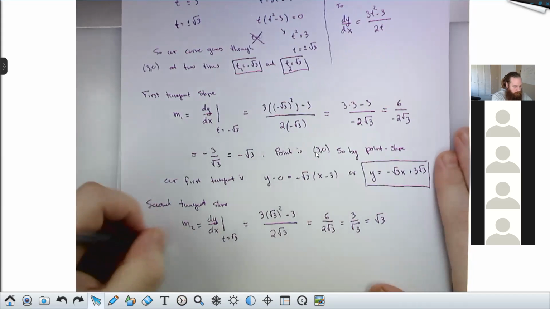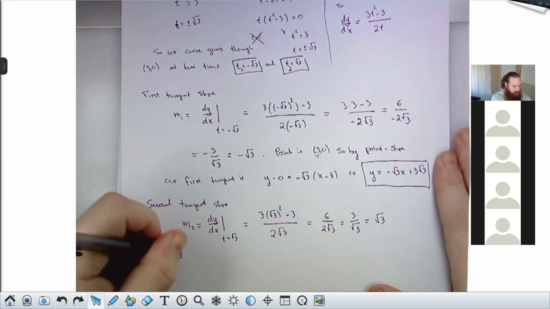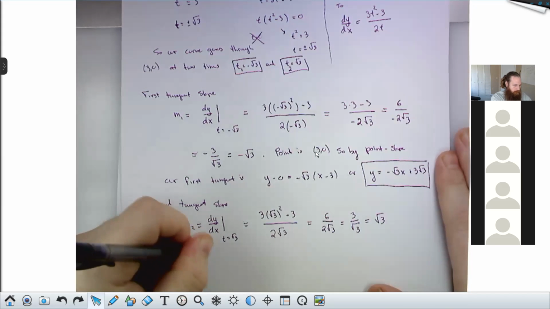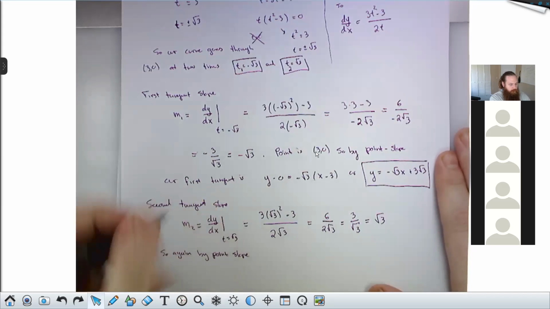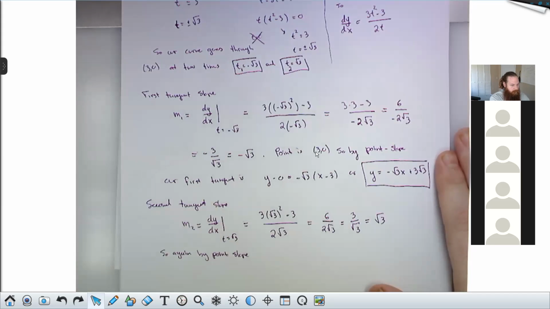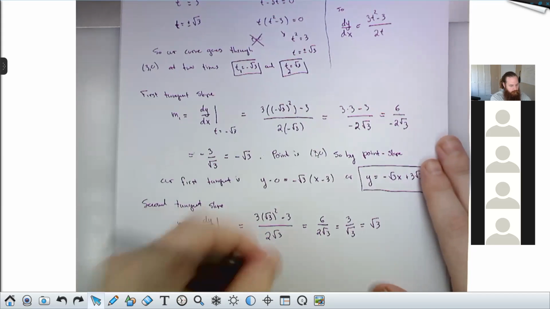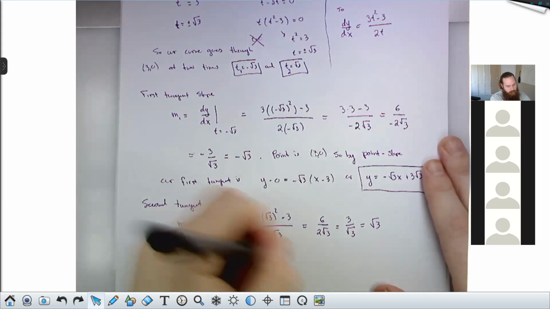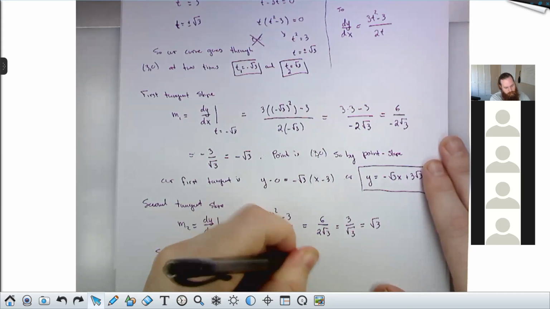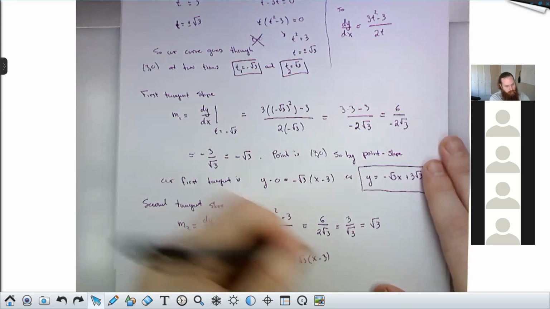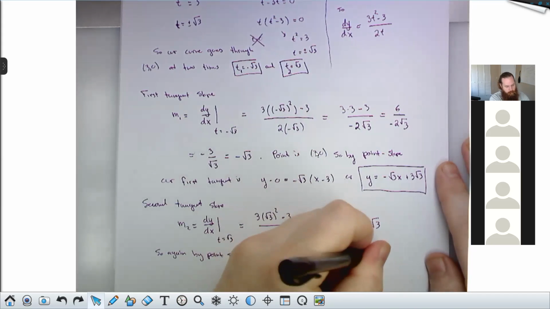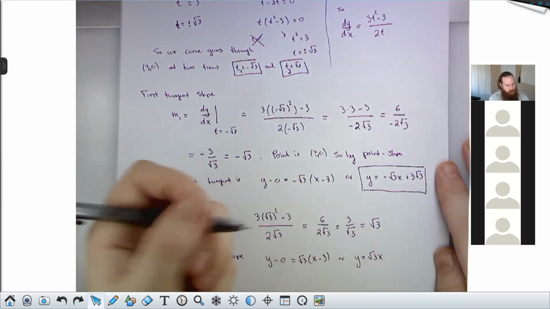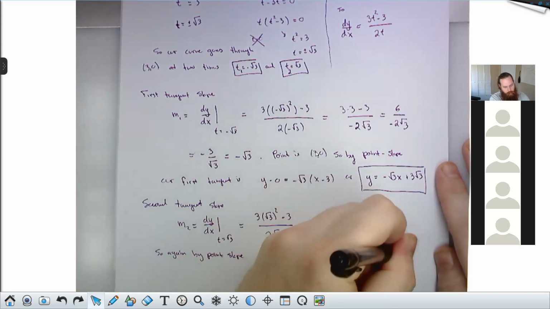So again, using point slope, remember the point of tangency is the same in all of these. It's 3, 0. So this will be y minus 0 equals square root 3 times x minus 3, or just y equals root 3x minus 3 root 3.